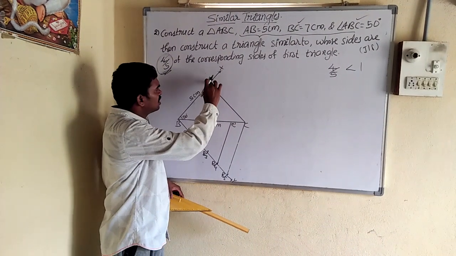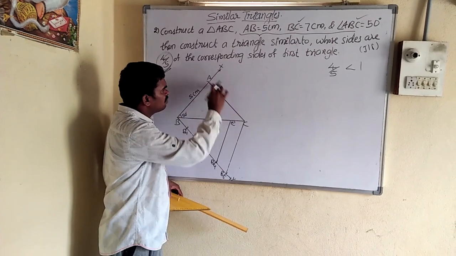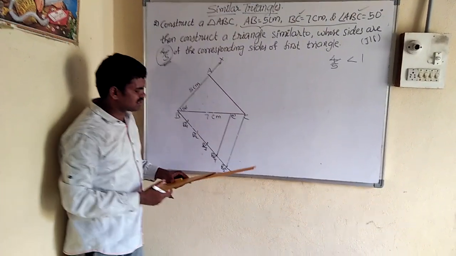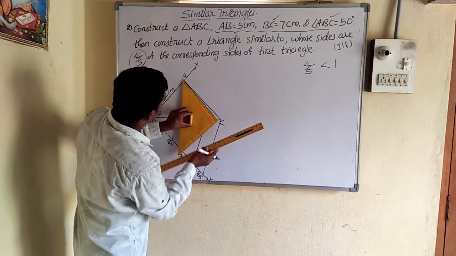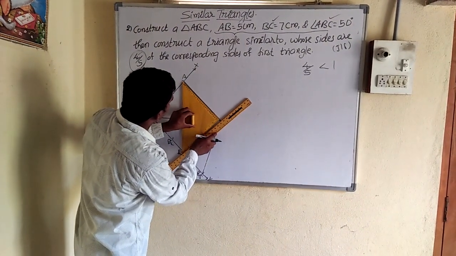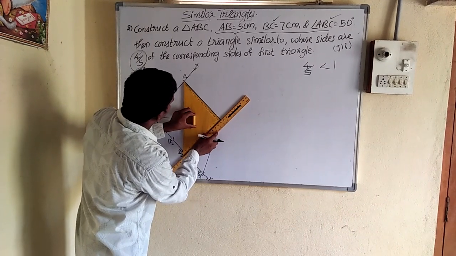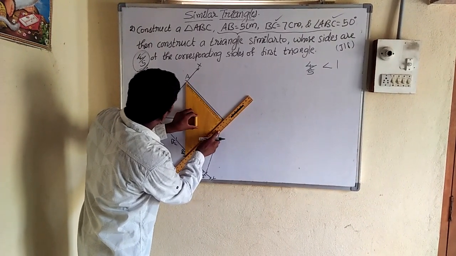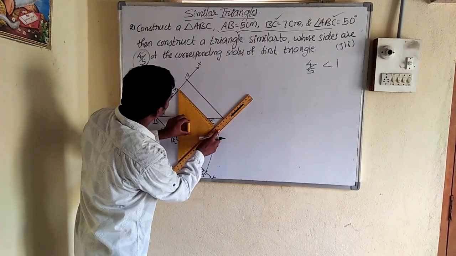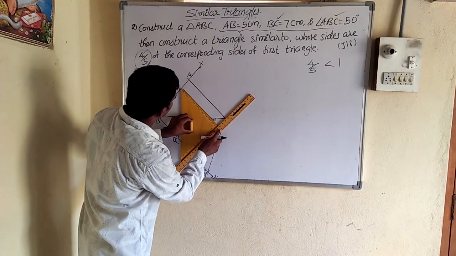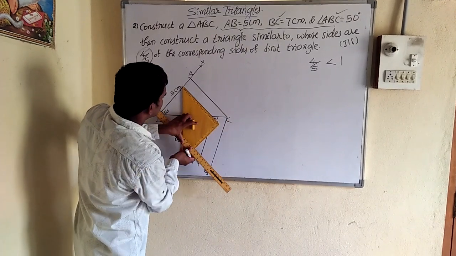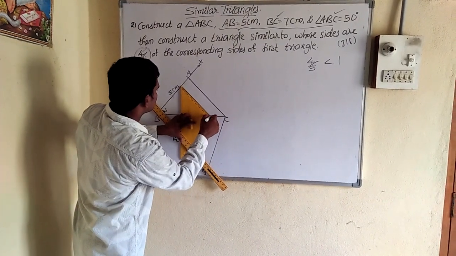Next, similarly, draw a parallel line from C. I'm keeping AC and moving towards C dash, up to C dash. So C dash is there.